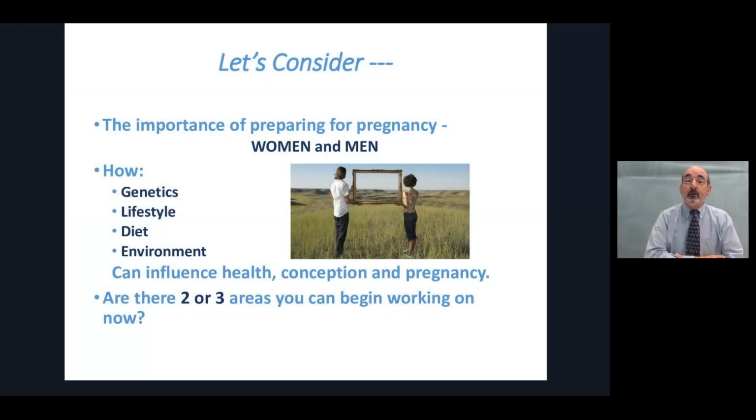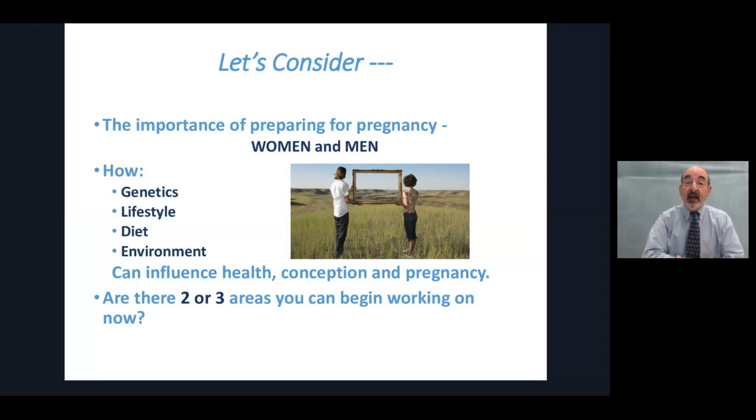So let's consider a number of different factors today that we might have some influence on in preparing for pregnancy, and this is true for both women and men. One is genetics, certainly the genes that we're born with, but also things that we do in the environment and lifestyle factors can change how our genes, our DNA, actually interact and function. We like to concentrate on lifestyle quite a bit today, along with diet and environment.